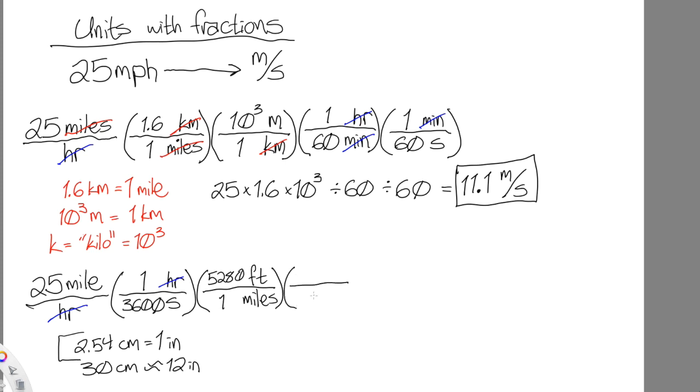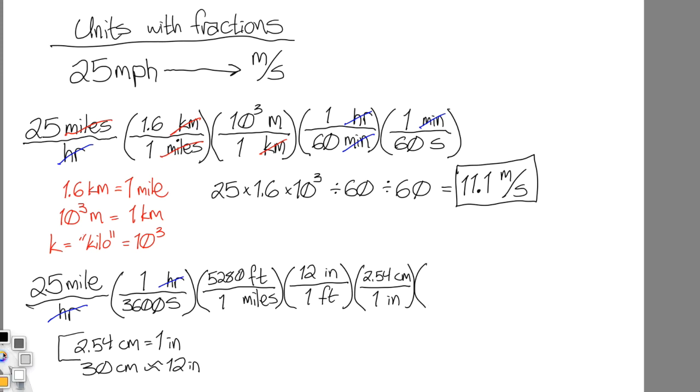And then in every 1 foot, there are 12 inches. And like we just said below, 1 inch is equal to 2.54 centimeters. And then we can kind of keep going from here.